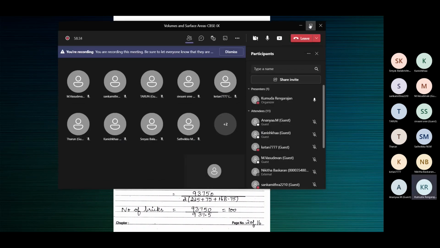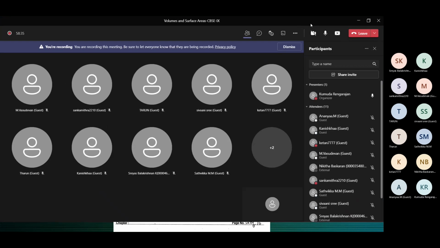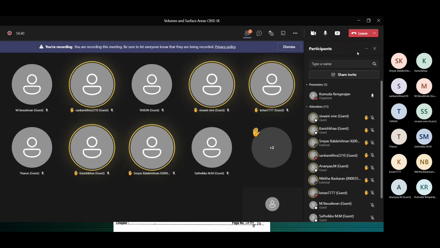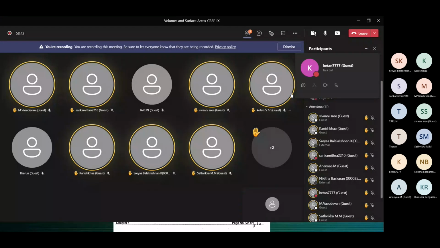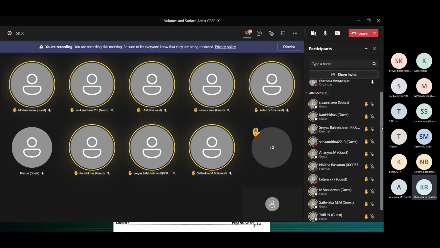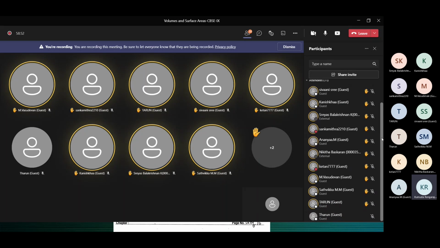Class, use the emoji, raise your hand. Shivani, Shri, Kanishka, Shreyas, Sangamitra, Ananya, Nikita, Arav, Vasudevan, Satvika, Tarun, Ishwaran.